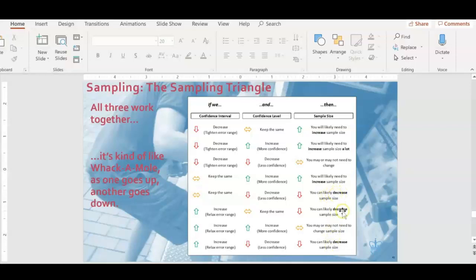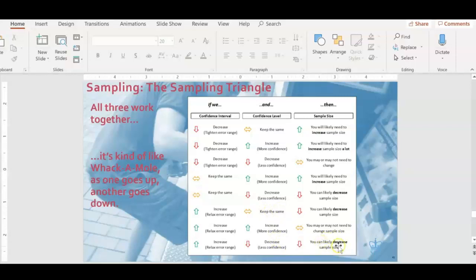If we decrease our base sizes, there are three options to consider. If we decrease our base size, we're going to be less confident in the results that we have, and our error range would remain the same. However, if we want to relax the error range while decreasing the sample size, then we can maintain the same confidence level that we had at a more robust base size.